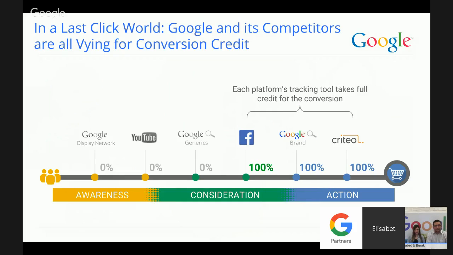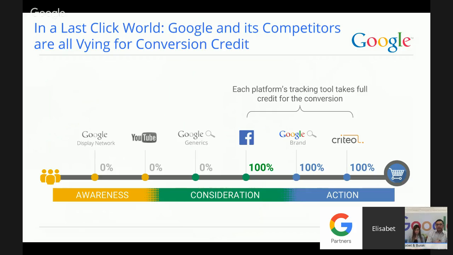Let's see it from another example. Let's say a user started with seeing, interacting, clicking on Display Network ads. After maybe a week passed, he or she has seen an ad on YouTube, clicked on it, went to the website, checked the products, and then started to make up his or her mind, but not ready to buy it. Then started searching on Google for that product or service with generic terms.